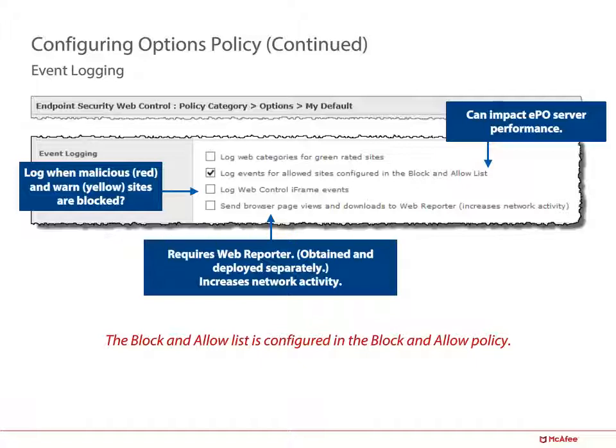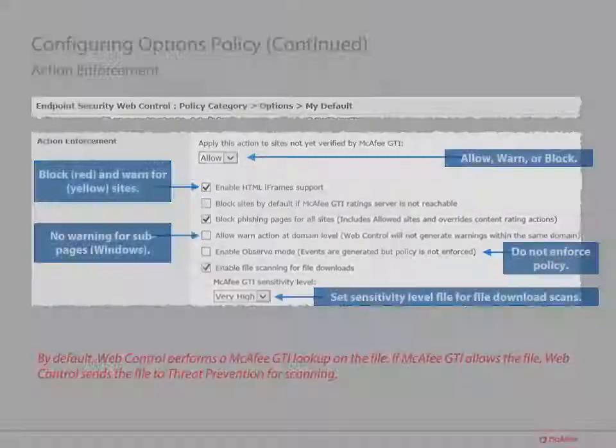The send browser pane views and download to Web Reporter option will increase network traffic. This will apply only if you have the Web Reporter installed and configured. It will increase your network traffic if you have this enabled. The Web Reporter is a separate product that you can buy and deploy separately.